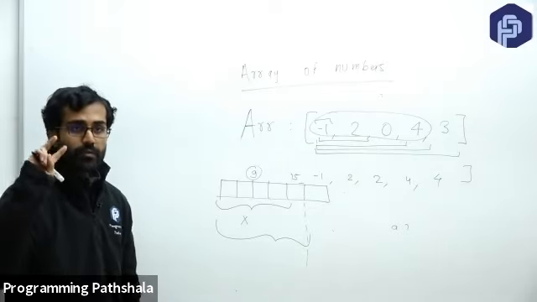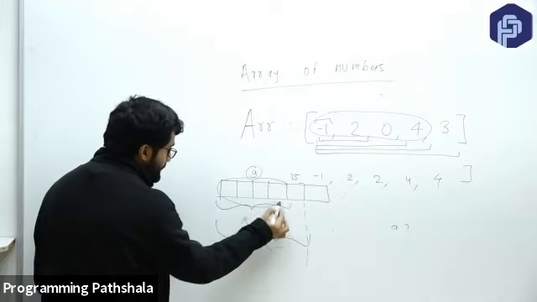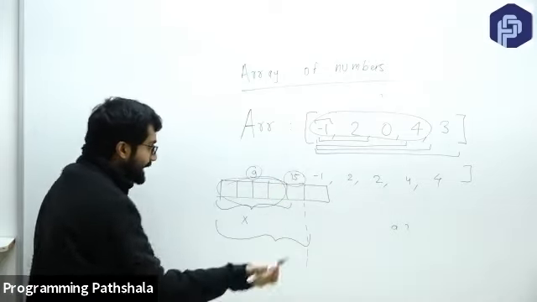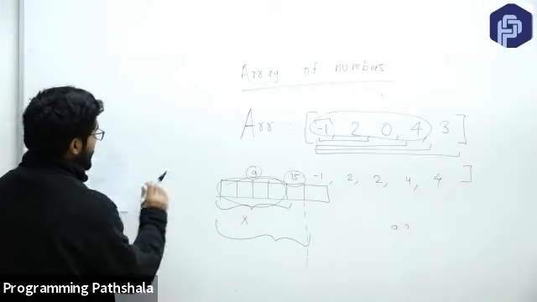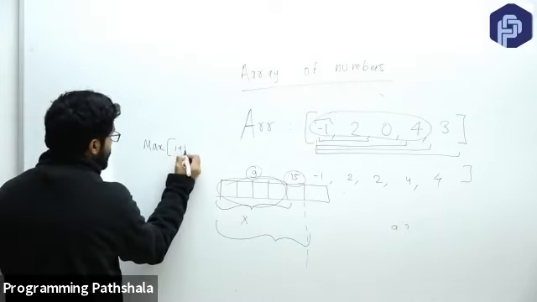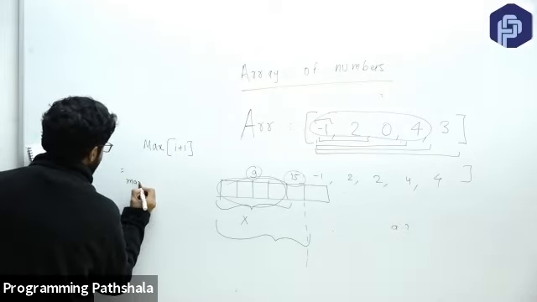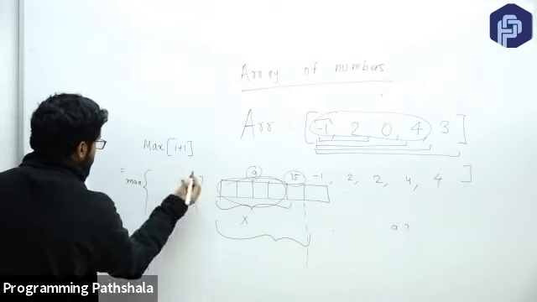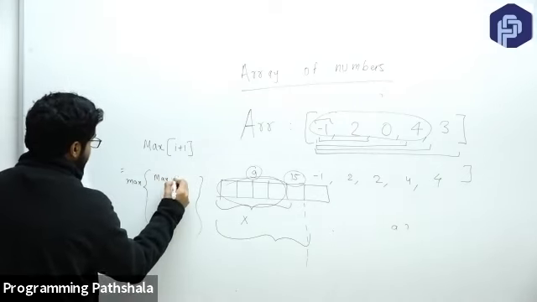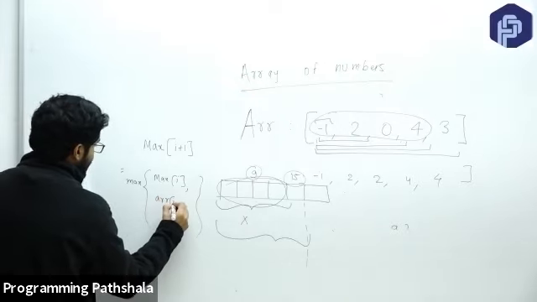So the only two things that I would be interested in would be the maximum in this part and the new number that I got. So can I write something like this, that maximum from 0 till I plus 1 is nothing but the max of either max till I or the new number that I got?